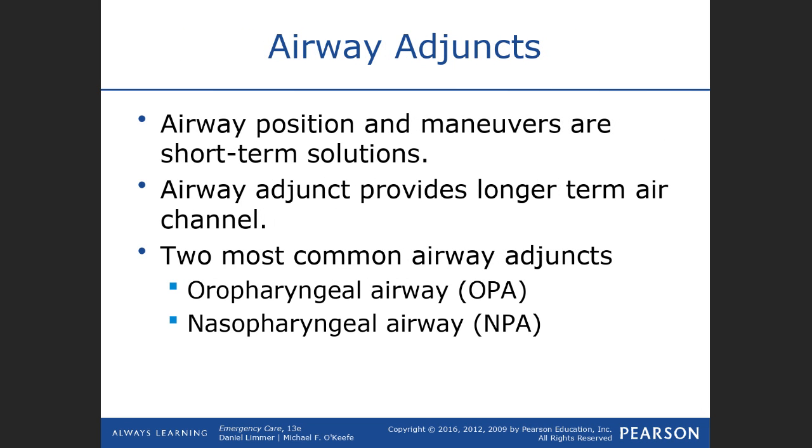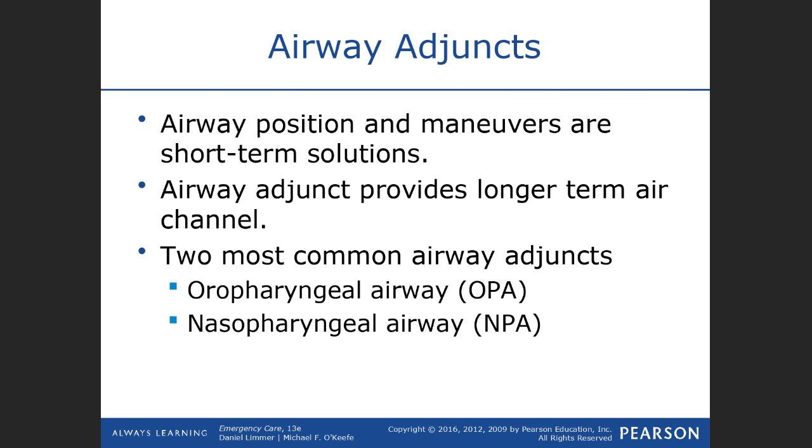In order to determine if your oropharyngeal airway or nasopharyngeal airway is needed, you must assess the patient for its indication. You cannot use the airway if you have not assessed to determine if it is indicated. You must assess the patient for its indication.